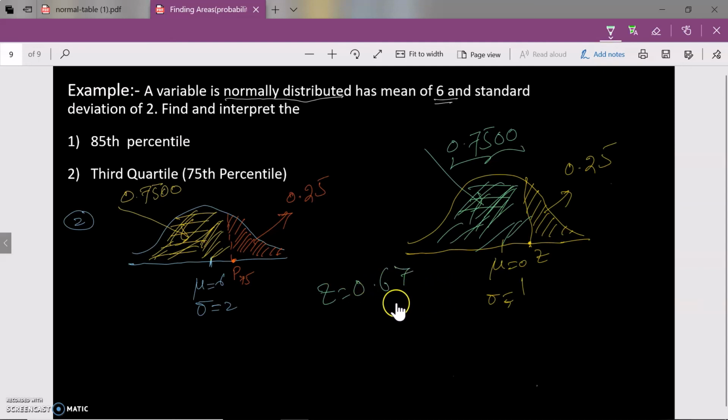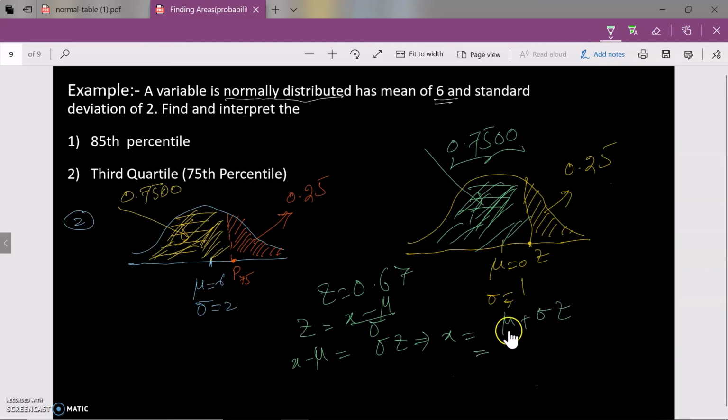Once we have found the z-score, now we will find the x value by using this formula. We have z equals x minus mu over sigma. We will do a little algebraic manipulation. So we will have x minus mu equals z sigma, and this implies that x is equal to mu plus sigma z.